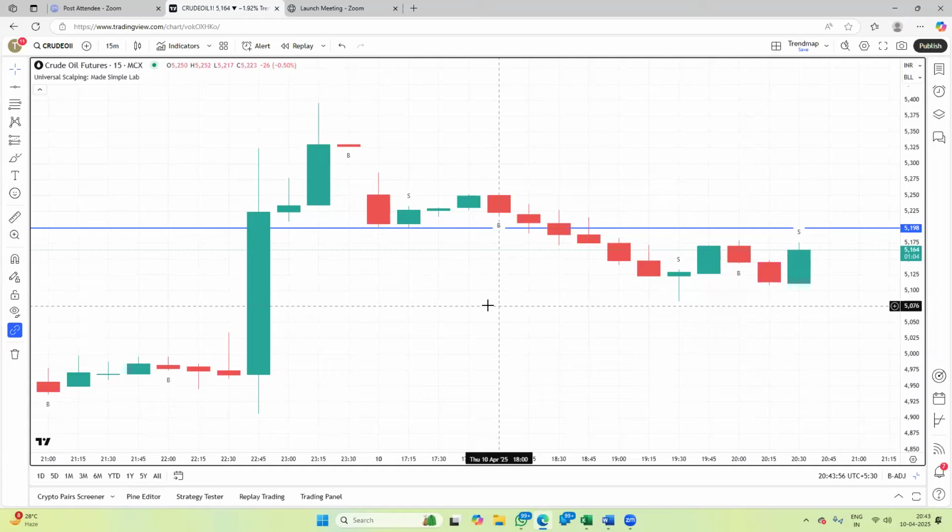Some brokers don't have this SLM order facility. Some brokers have it. If there is no SLM, then you have to use the stop loss limit order, with a few points of buffer, whatever suits you, based on your experience and the stock you are trading.